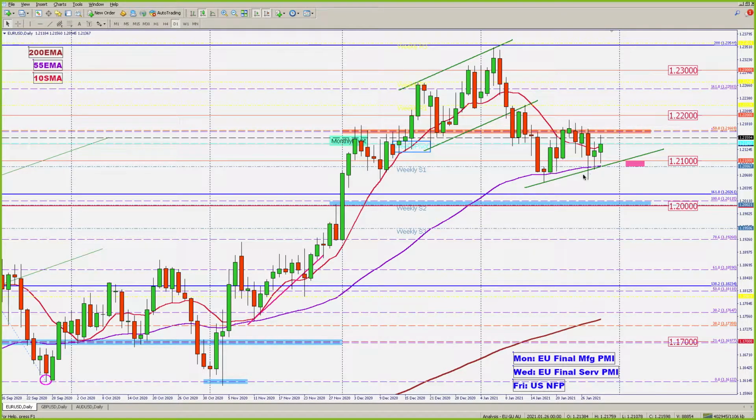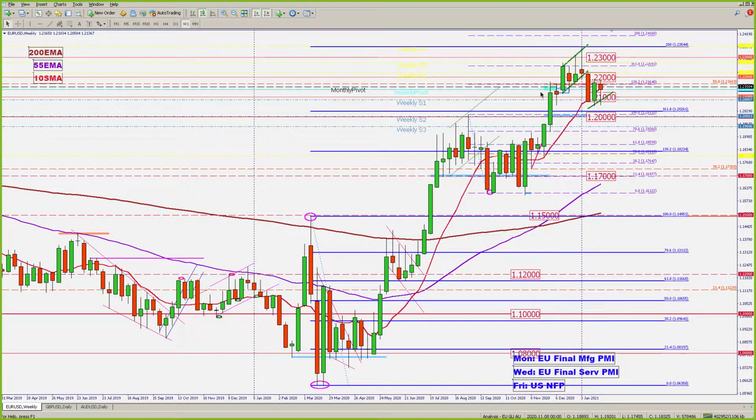So it did find support at the daily 55 EMA, and then bounce off the 1.21 round figure to also hit the monthly pivot and stayed neutral for the week and for the month as well.